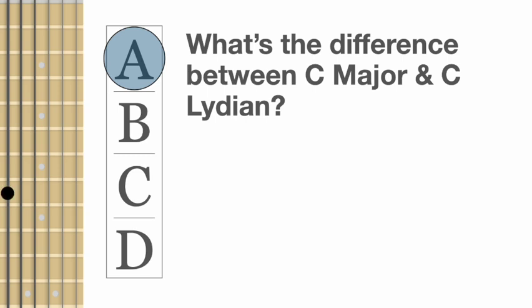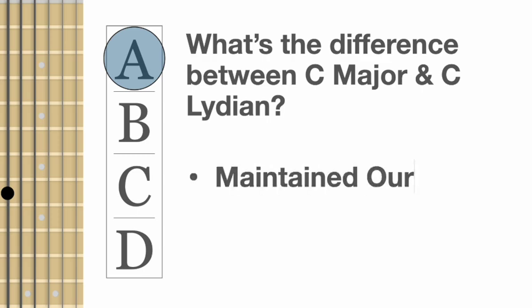So when we're looking at the C Ionian or C major scale, we're starting off on C, that's our tonic, right? And when we're comparing it to another major scale, in this case the C Lydian scale, we maintain that tonic, and that's definitely good.